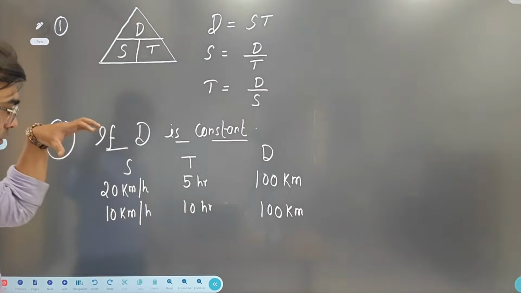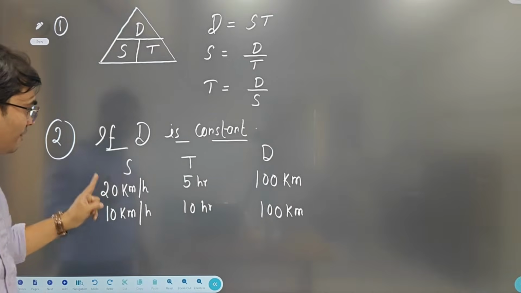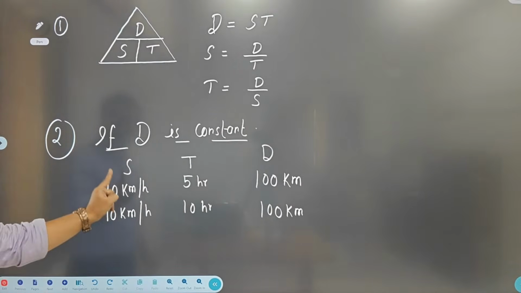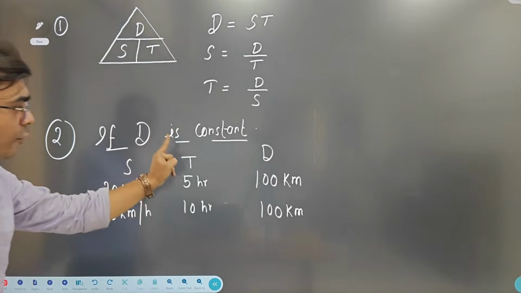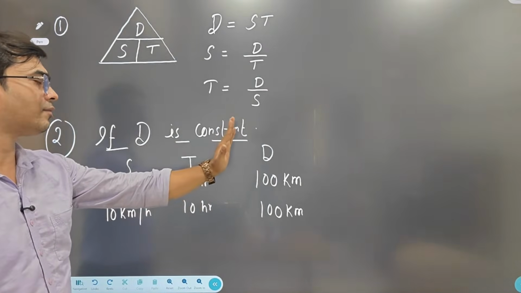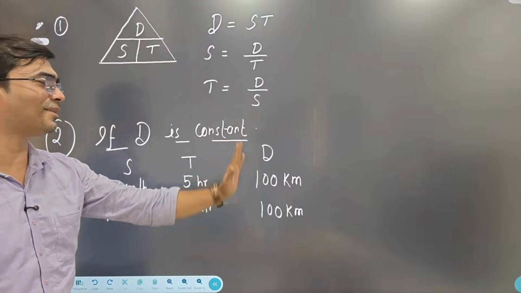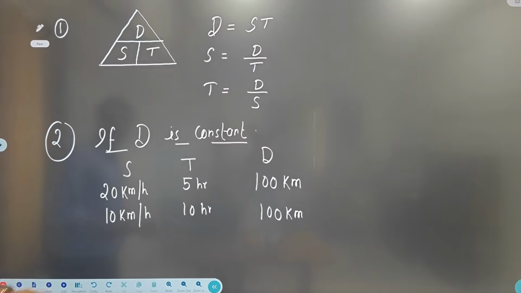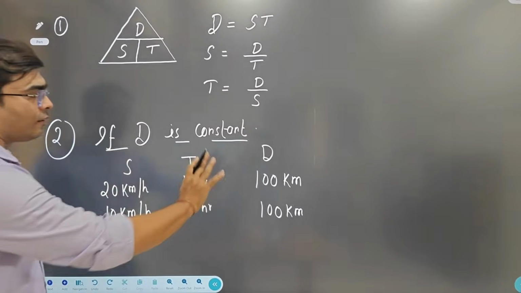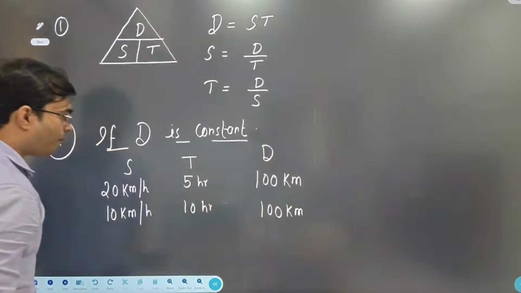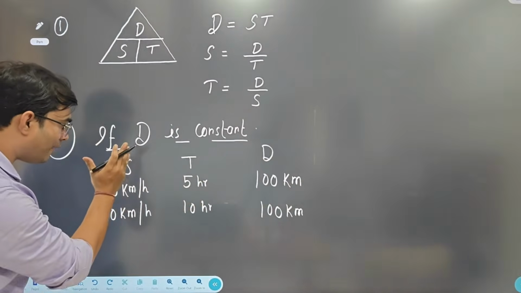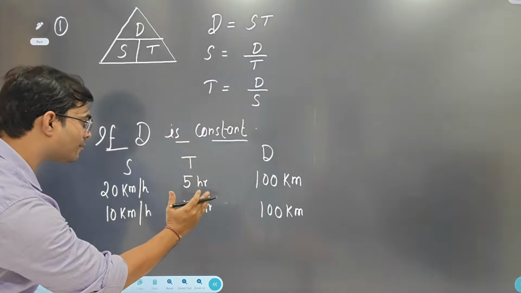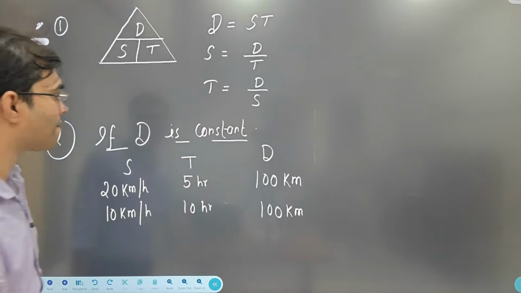So now from this data we can understand one thing. When the speed is decreasing, the value of time is increasing, when distance is a constant value. When distance is a fixed value, speed is decreasing and time is increasing.